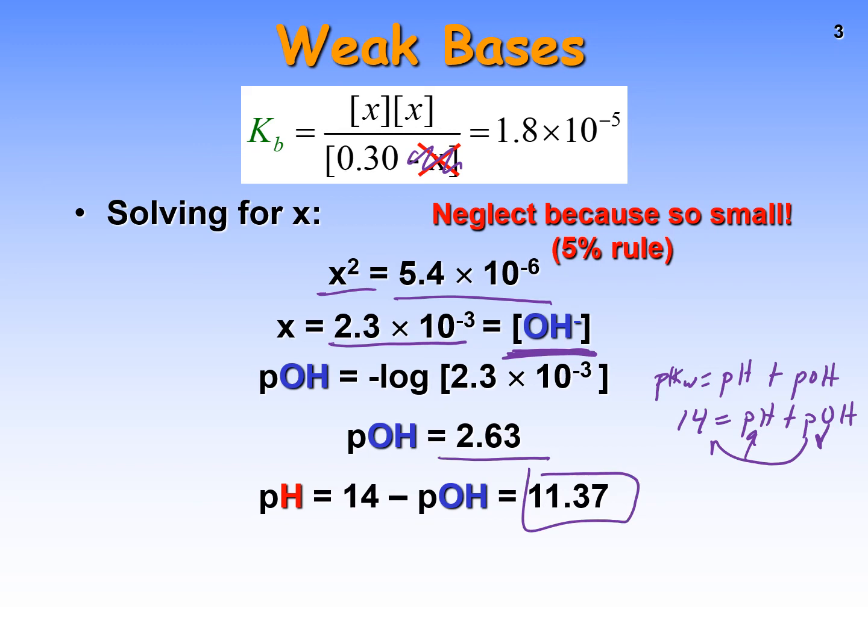Now, if you forget to do this last step, if you just spend 2 seconds looking at your answer, you'll really quickly realize this can't be the pH of the solution because we added a weak base. If this was the pH, that would be the pH of an acidic solution. Adding a base is not going to make an acidic solution. It's going to make a basic solution, which means the pH has got to be above 7. If we subtract from 14, we get 11.37 as our pH.